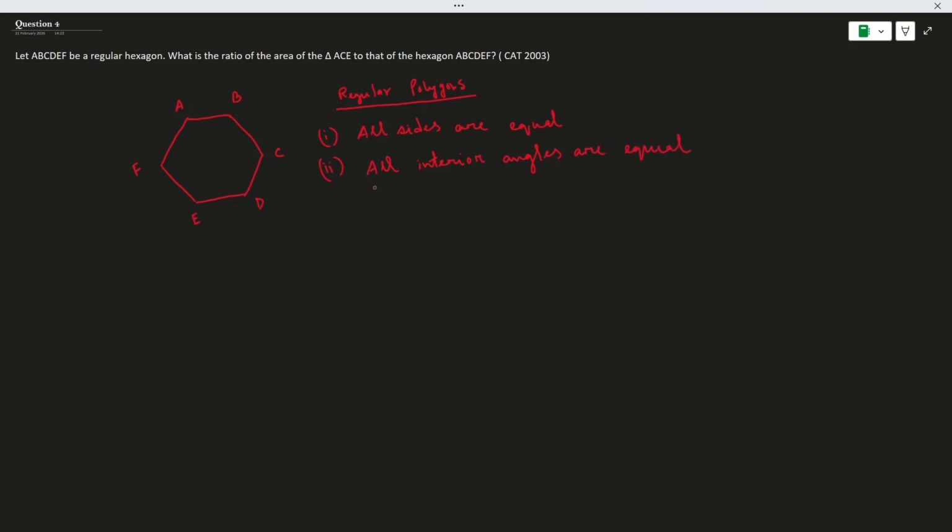And the most important, all the vertices, by vertices I mean the corners, all the vertices of the polygon will be equidistant from the center of the regular polygon.